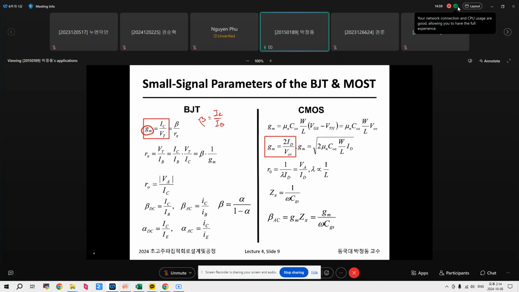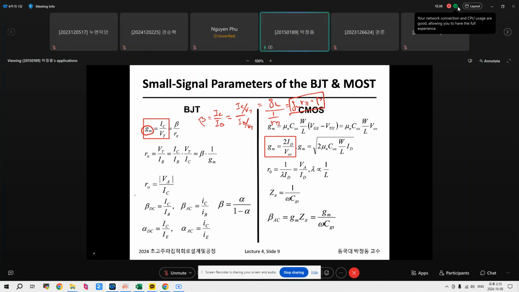If you write it this way, IB divided by VT, this is GM, and this is 1 over R pi. So this is GM R pi, equal to beta. This is the BJT relation between GM R pi and beta.